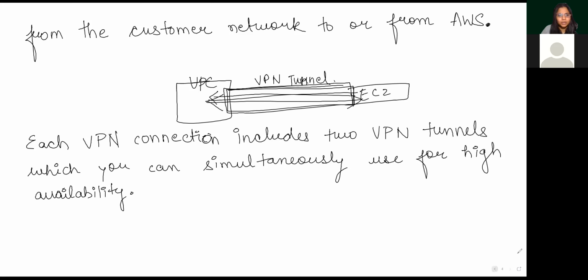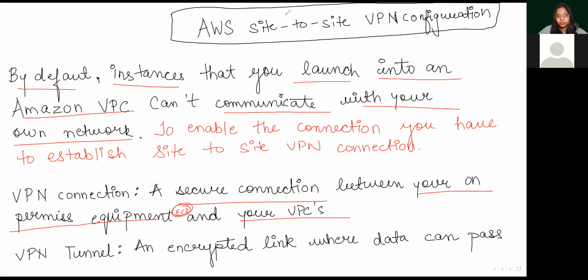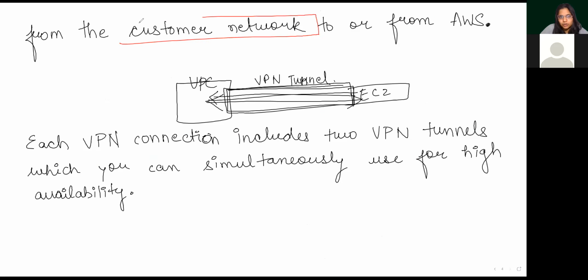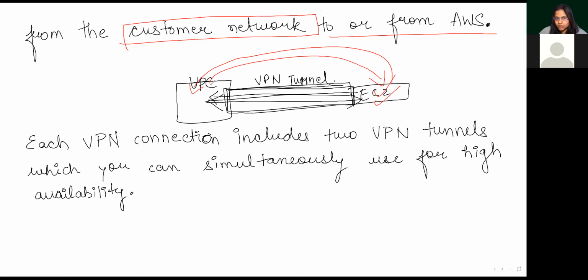So try to understand. The VPN tunnel I'm talking about is an encrypted link. Encrypted means the most secure link. The data that you are transferring through this tunnel is very much secure, where data can pass from the customer network, means your EC2 instance, to or from AWS. So from AWS, either you can send the data to EC2, or from EC2, the data can go to the VPC. So in this tunnel, this flow of data is going on.